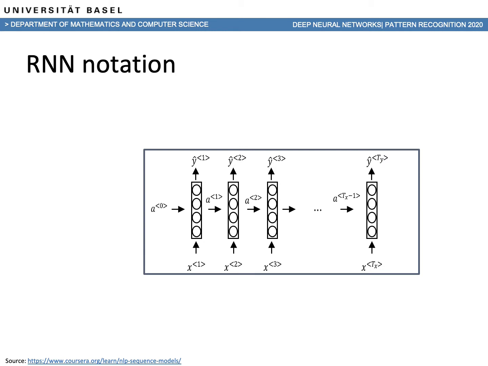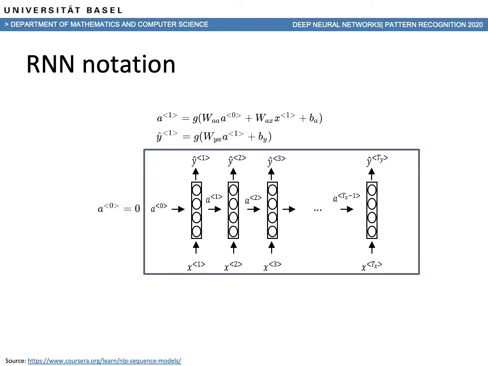So let's look a bit closer at this RNN notation. Usually, to begin with, the activation in the initial time step is 0. And then we can compute the activations in the first time step of this neural network by some weight matrix times the activation from the previous time step, plus some weight matrix times the input, plus some bias term.